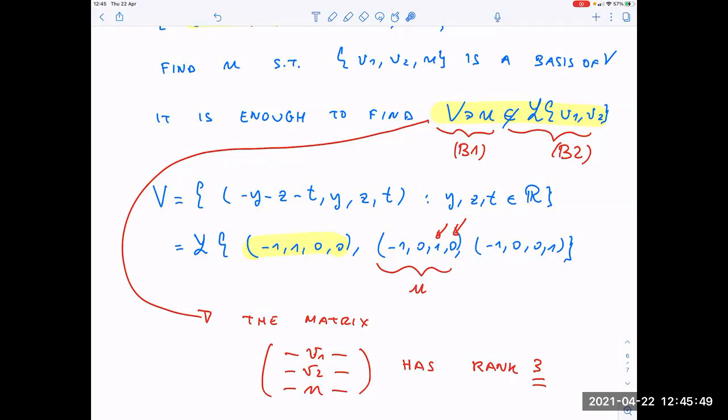Any question about this? So you find a basis, and then you just pick one element at a time and see which one you can select. That's a fail-proof way of finding an element that will give you a basis of V containing the two elements you started with.